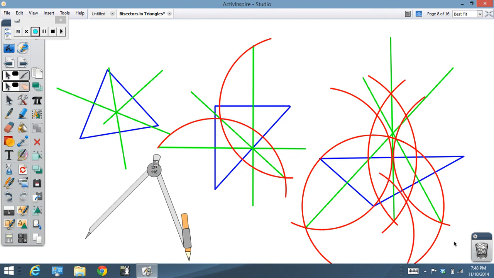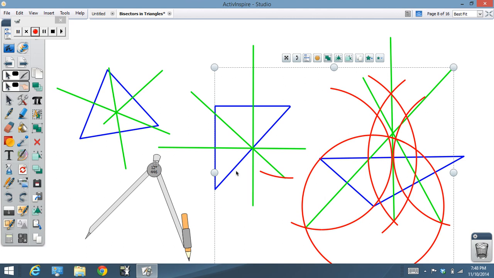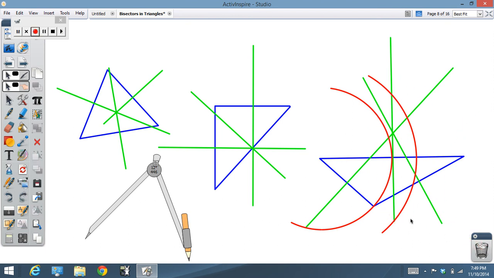In the center, we have a right triangle. You will see that the circumcenter is on the triangle. And for an obtuse triangle, as we have down here on the bottom right, the circumcenter is outside of the triangle. Doesn't change the property, okay?